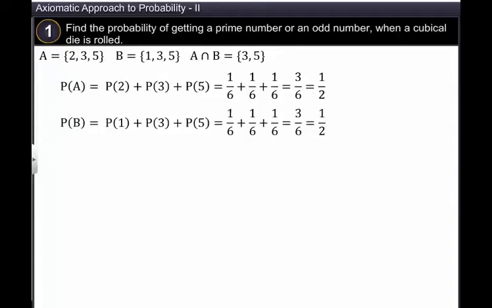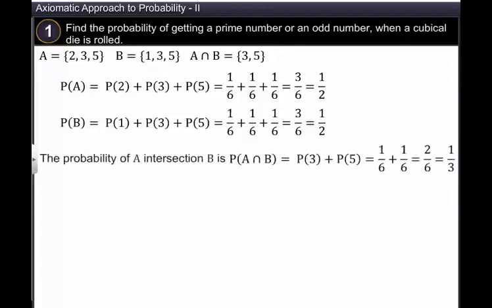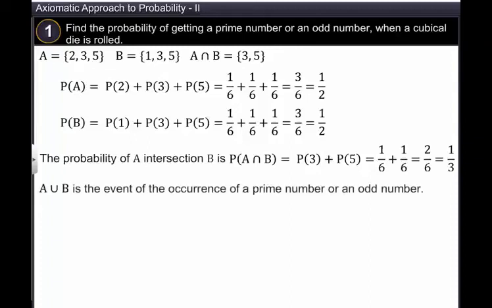Now, A union B is the event of the occurrence of a prime number or an odd number, which is 1, 2, 3, and 5. The total number of possible outcomes is 6.